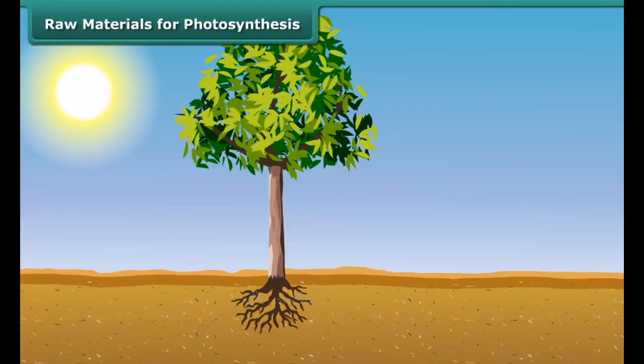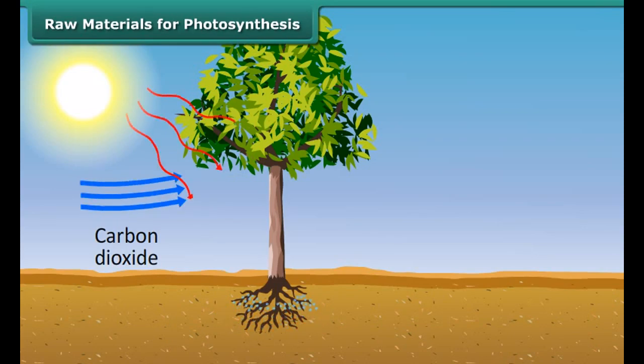Now you know that in plants, water, minerals, and carbon dioxide are raw materials for the synthesis of food. Do you also know how plants obtain these raw materials from the surroundings, and how they transport them to the food factories of the plant?